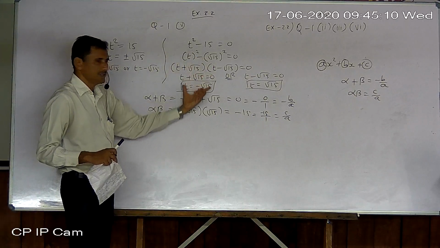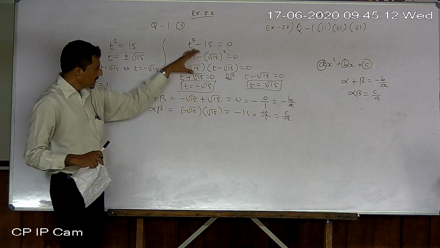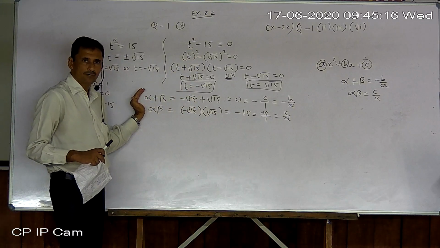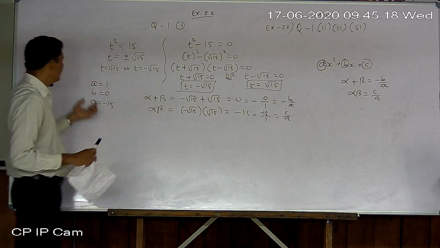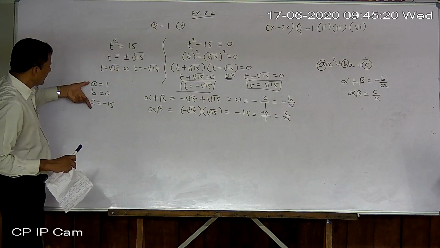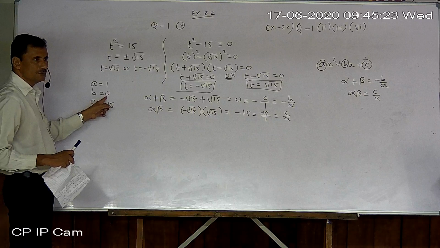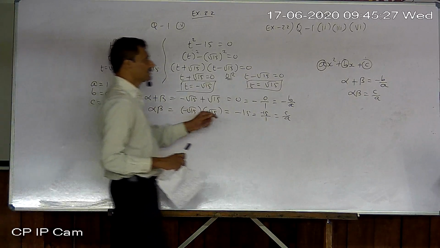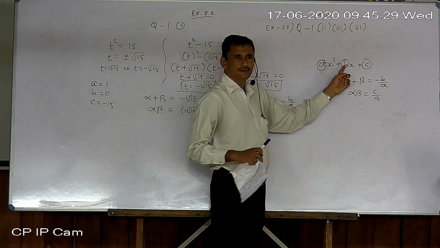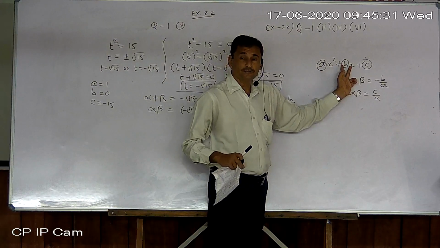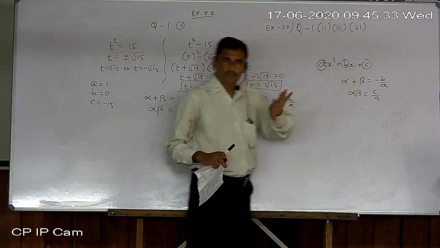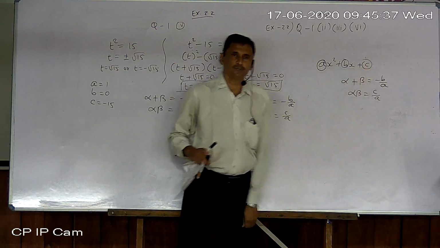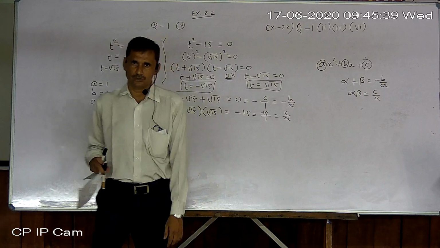Very simple, a square minus b square is used, and in all sums these steps are equal only. This is formality only. Now you have to understand this also: whenever any term is missing, you understand that particular term's value is 0. Here the middle term is missing. In the earlier one, the fourth one, the last term was missing. So a missing term is considered as 0.